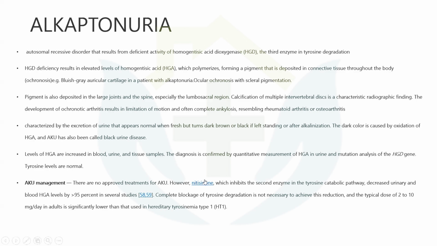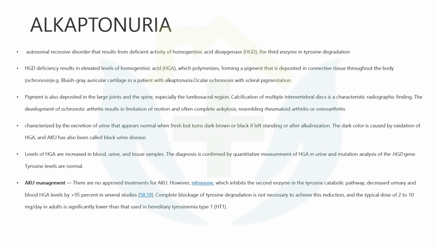When this pigment involves large joints like the lumbosacral joints and even the disc itself, it presents as osteoarthritis or arthritis, and sometimes joint stiffness and ankylosis, both inflammatory and non-inflammatory, can also happen.